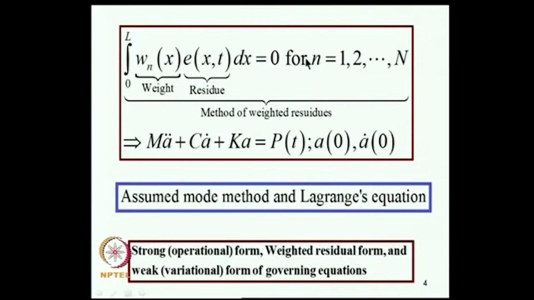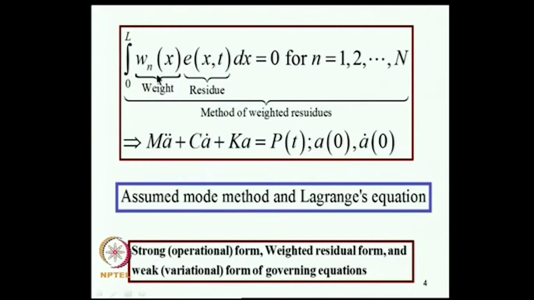The original partial differential equation is called the strong format of the equation. In the so called weak formulation, we want to weaken the continuity demand on the trial function and pass on some of that to the weight function.